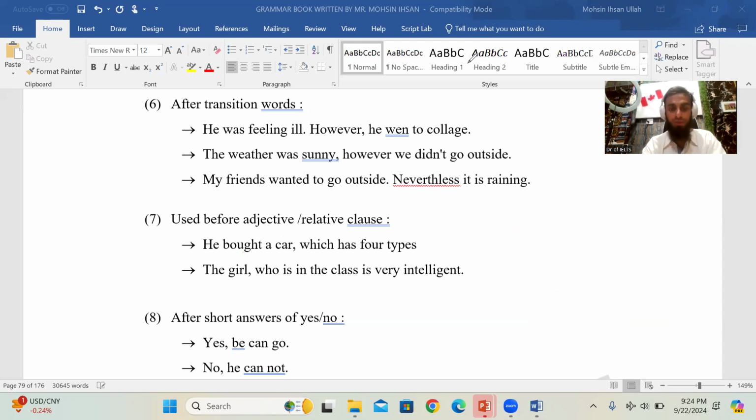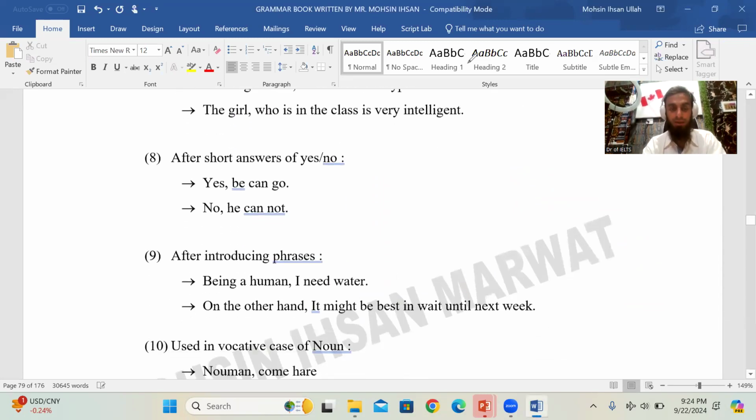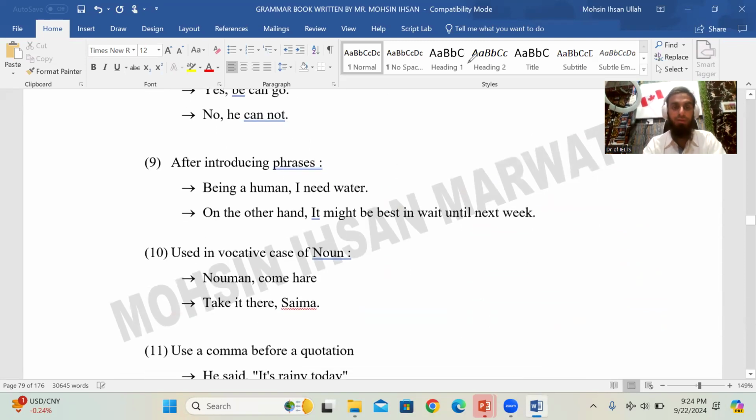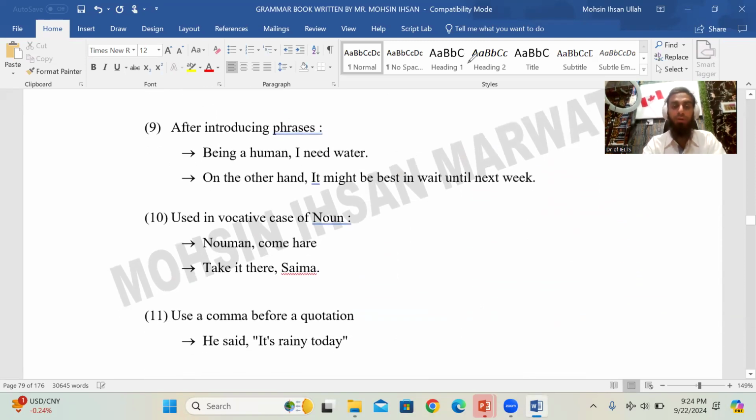Okay. After a short answer of yes, no: yes, he can. No, he can. After yes and no. After introducing phrases, this is very important for essay writing. Being a human, owing to the contemporary era, in the conclusion, at the end, first of all, those phrases that introduce the sentence, we use a comma after that.